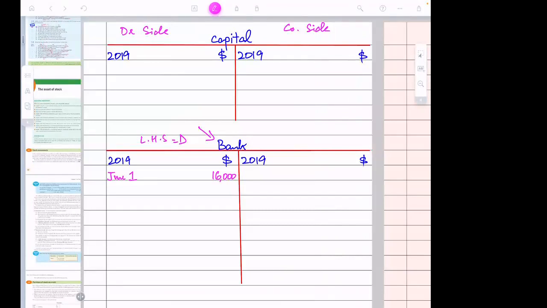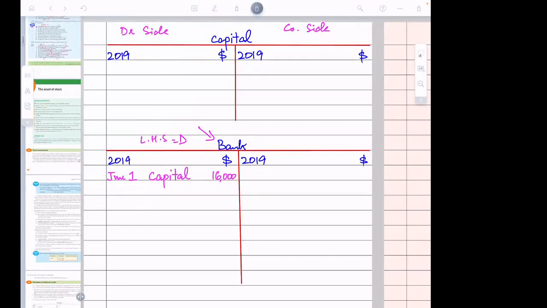Between the date and the amount, we will write the name of the other account. We are debiting the bank account, so which account is being credited? Capital. So we will write capital here. In the beginning, students might get confused: are we debiting the capital account? No. See, which account is this?